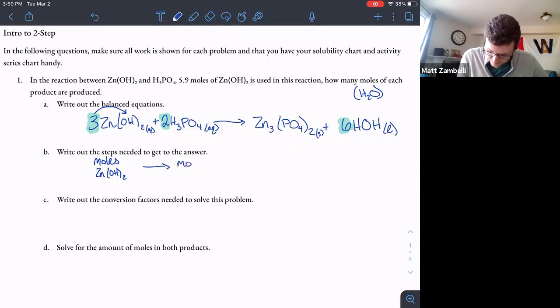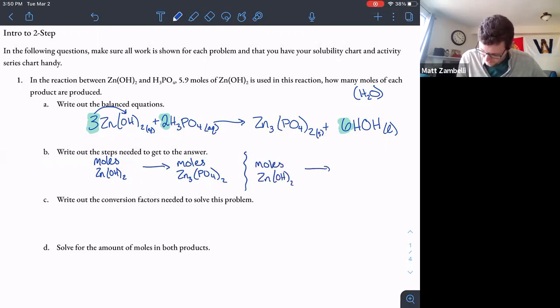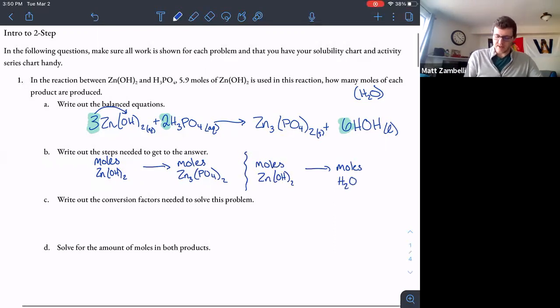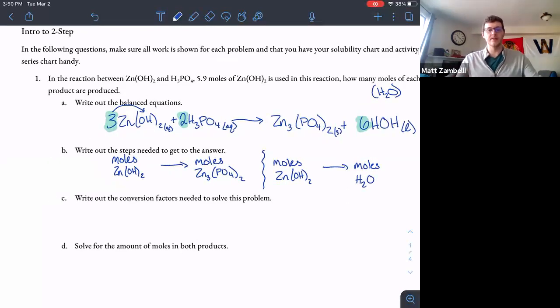So we need moles of zinc phosphate. And we're going to separate this. We have another problem, moles of zinc hydroxide to moles of water. All right. So we have two problems here. And so let's focus right now on the left one. So the moles of zinc hydroxide to moles of zinc phosphate.